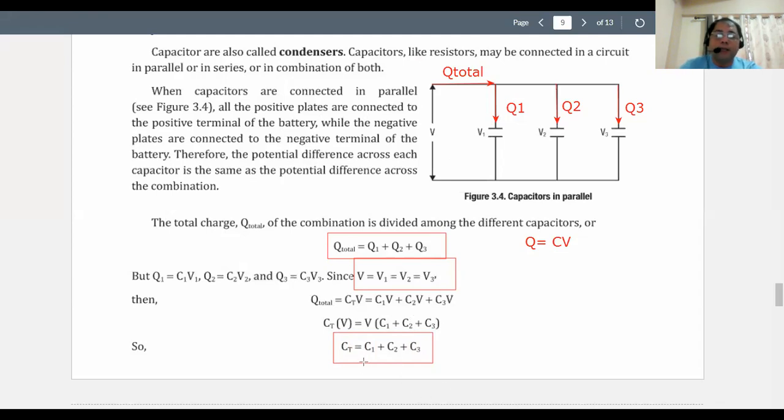So for parallel connection, this is how we get the total capacitance.